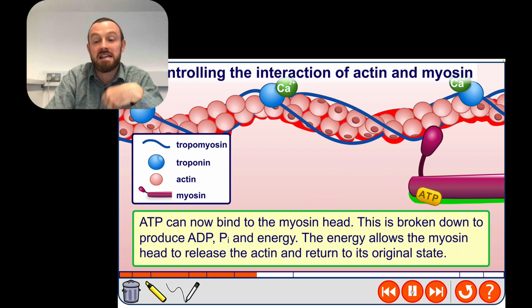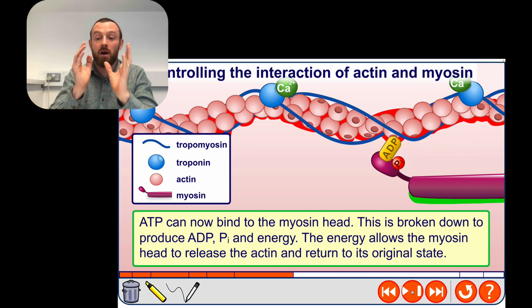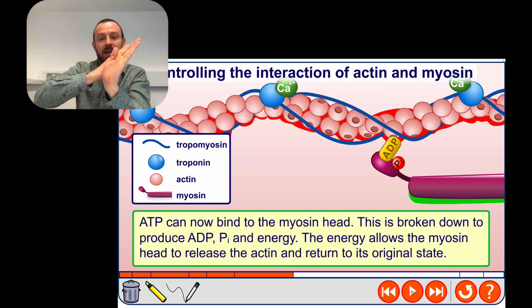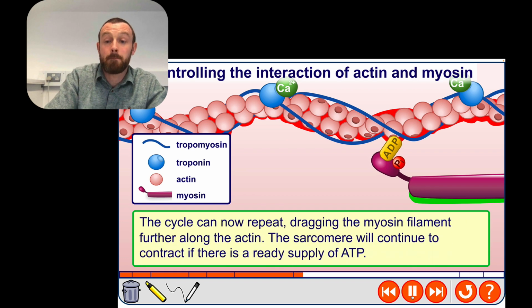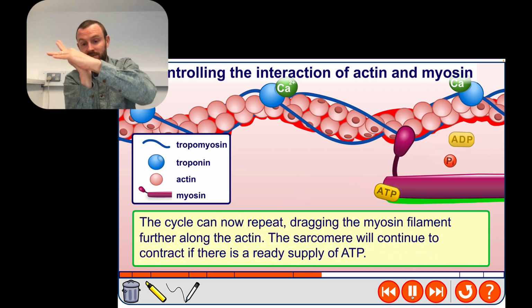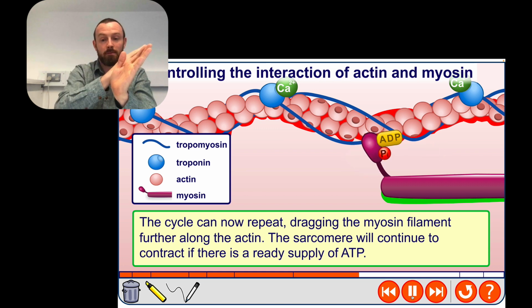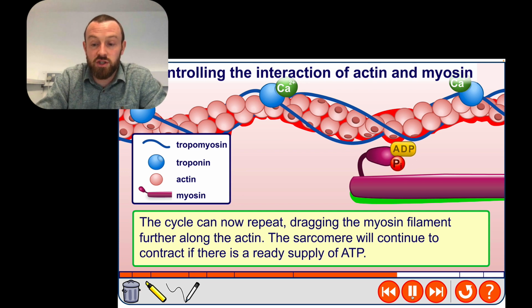So ATP is actually needed for the head to detach. And as soon as ATP binds to that myosin head, it's hydrolyzed, and the energy is used to spring the head back to the ready position, to its original state. And then it can bind again, and it levers along. ATP is used to provide energy to spring it back to the ready state, and it keeps going and it keeps going. This is called the crossbridge cycle.